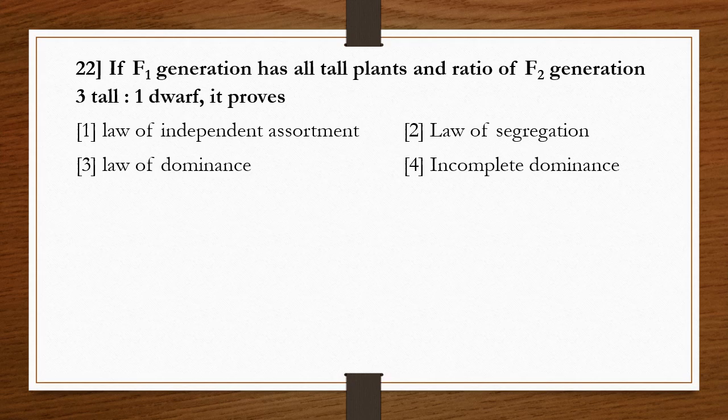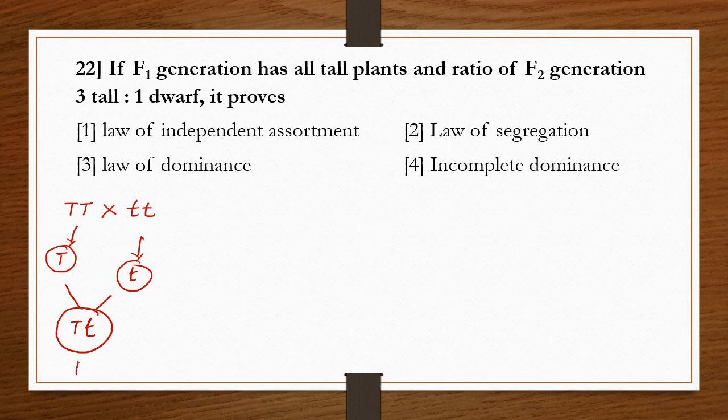What is the question here? If F1 generation has all tall plants, so it is clear tall and dwarf, that is capital T, is crossed with a small t, then it produces gametes and the fertilization gives capital T, small t.